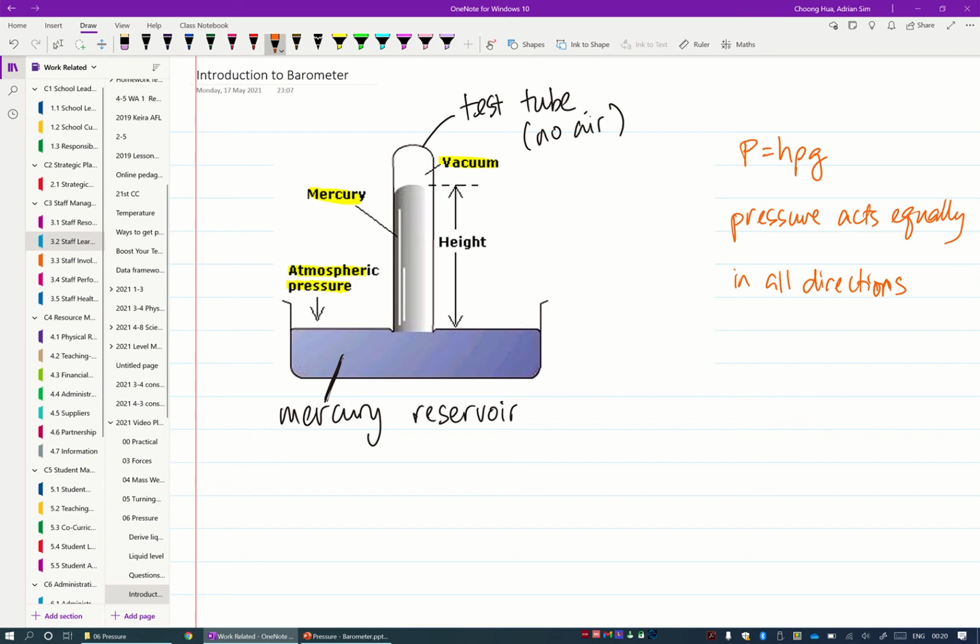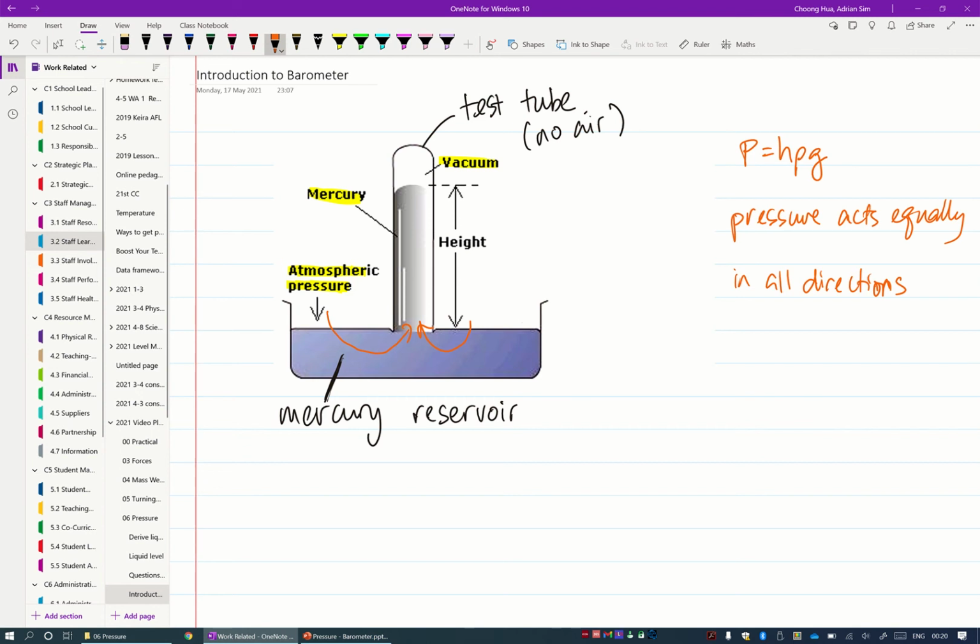When the atmospheric pressure acts onto the surface of the mercury reservoir, it acts in all directions and pushes up the mercury up the inverted test tube. Or we can say it pushes it up the barometer.